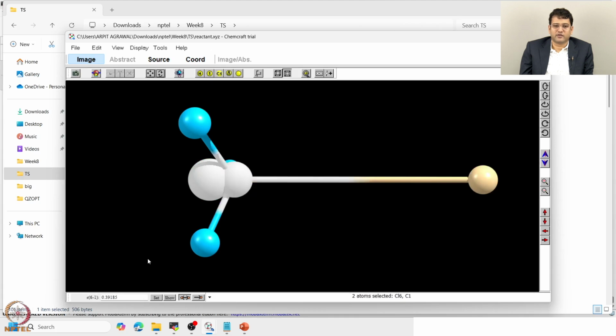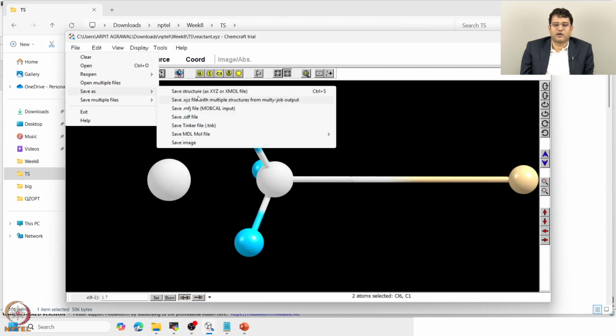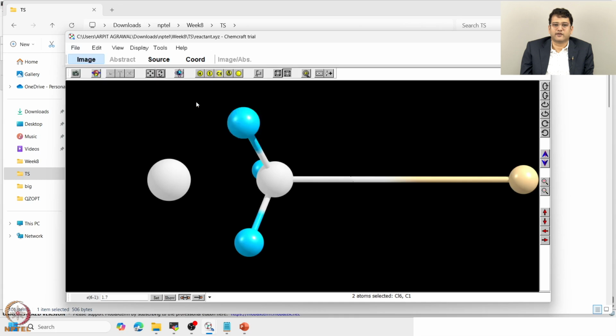I have to increase the distance between these two because it has reduced. So it's 1.7. So this can be my product. So now I do save as product.